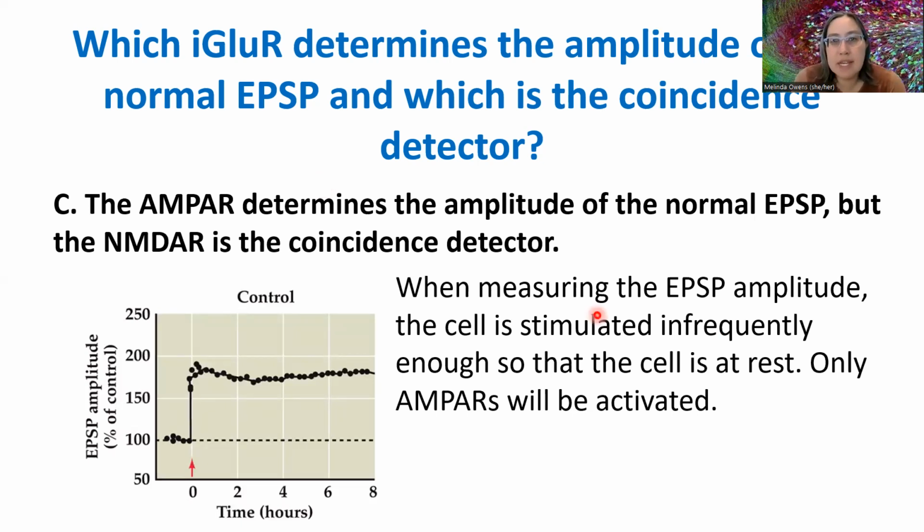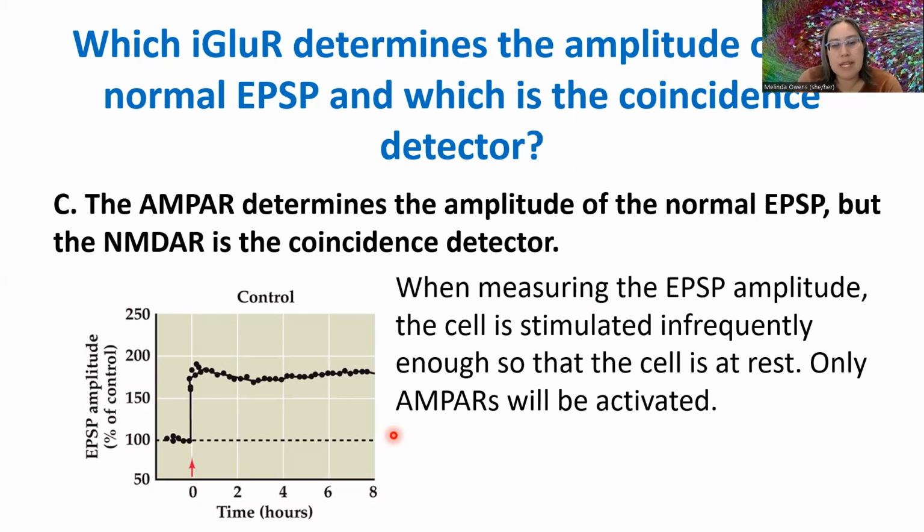Why? So we said that the AMPA receptors open every single time, even when the neuron is at rest. Most of the time you're not going to get like 100 stimulations a second. You're going to get one every once in a while. So when measuring the EPSP amplitude, just the raw one, like all these dots, the cell is stimulated infrequently. You just do one every couple of seconds, maybe even every minute, infrequently enough that the postsynaptic membrane should still be at rest in between.